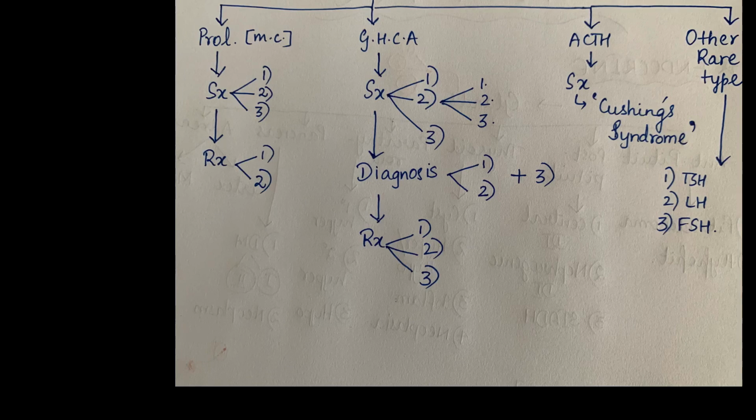In growth hormone cell adenoma, there are mainly 3 types of clinical presentations. In children, you can see gigantism, where epiphyses are not fused in these children, leading to increased linear bone growth.